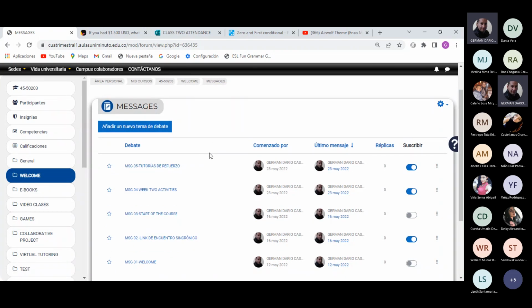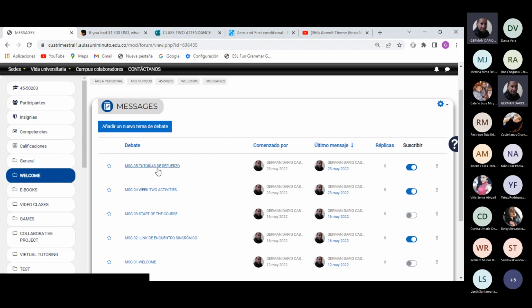Esas tutorías para inglés 3 son los días jueves de 5:30 a 9:30 y los sábados de 1 a 5. Esas tutorías son para las personas que necesitan una aclaración de algún tema. No necesariamente tiene que ser de inglés 3, puede ser de inglés 1 o inglés 2, un tema que no hayamos entendido bien.